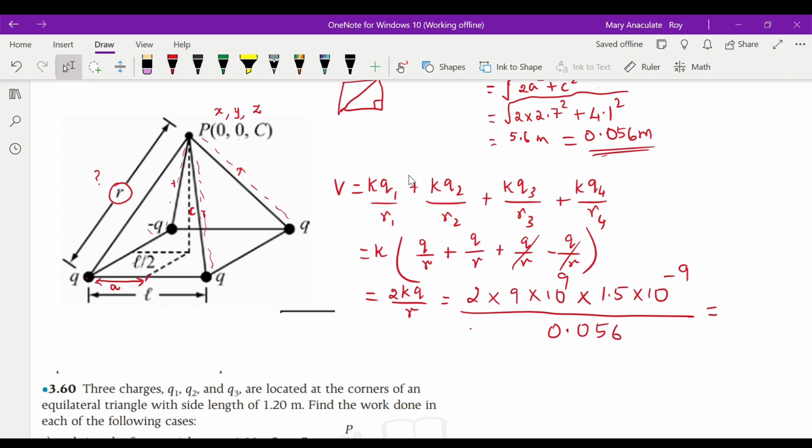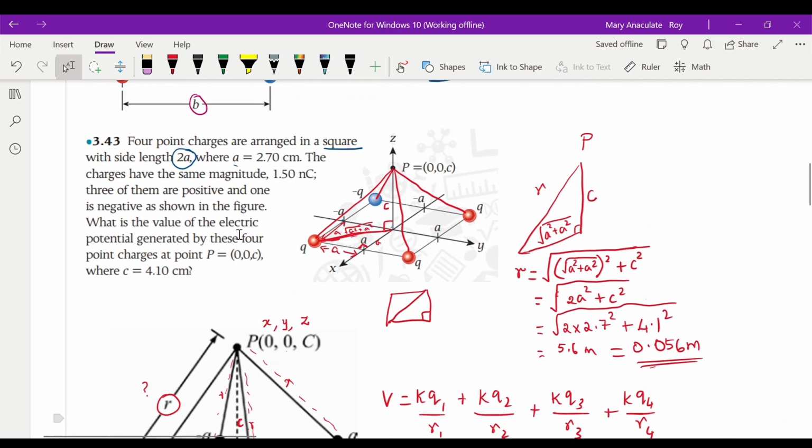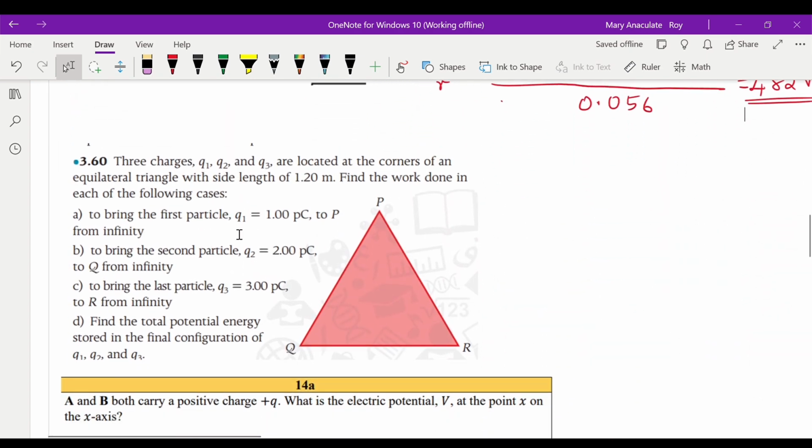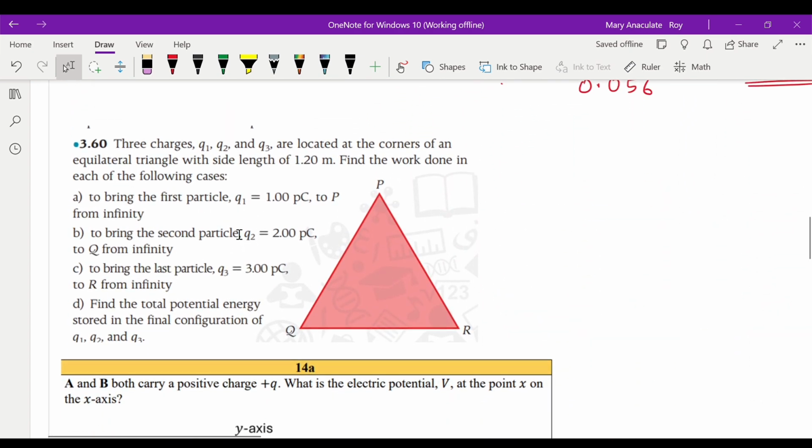So you get the final answer, it should be 482 volts. So that's the answer for question 3.43.